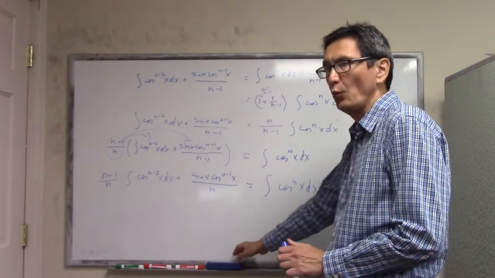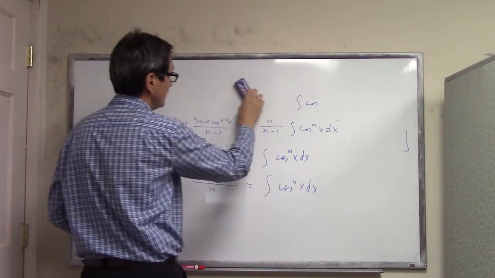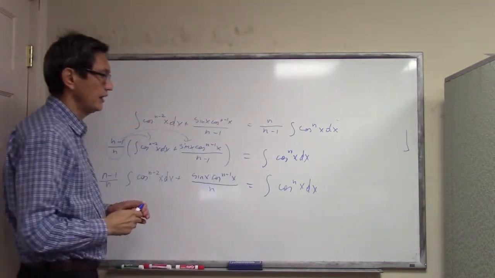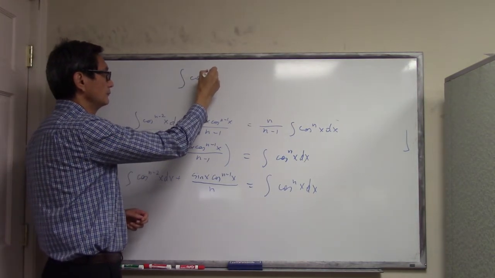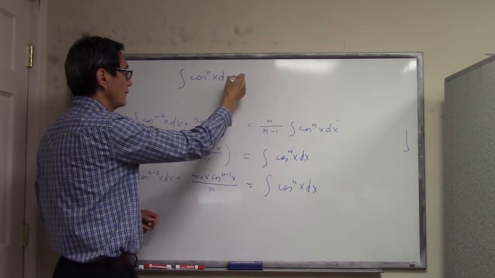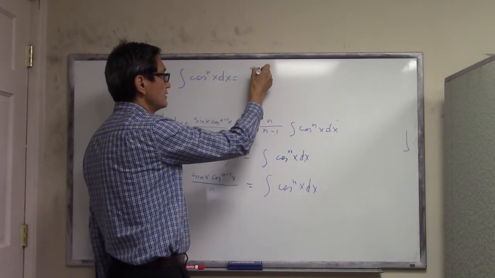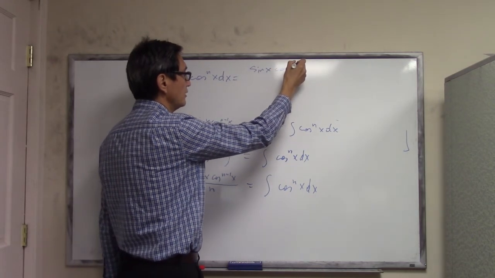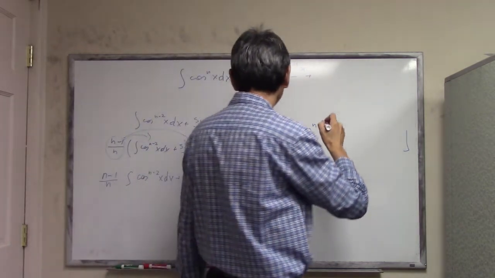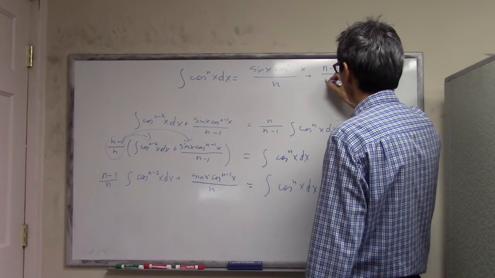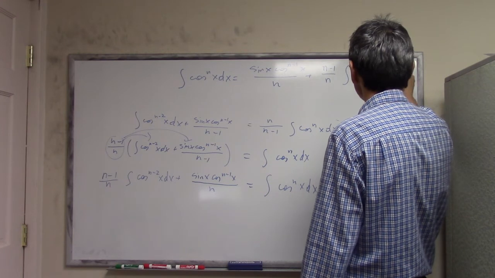I will rewrite it one more time, a little bit more in the standard way. The integral of cosine raised to n power x dx equals sine x cosine raised to n minus 1 x over n plus n minus 1 over n integral of cosine n minus 2 x dx.